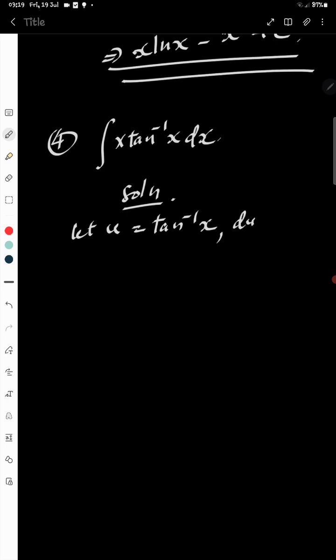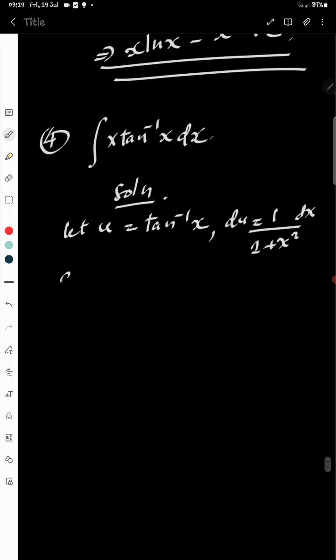Therefore, du is equal to 1 over 1 plus x squared dx. dv is equal to x dx. v is equal to half x squared.